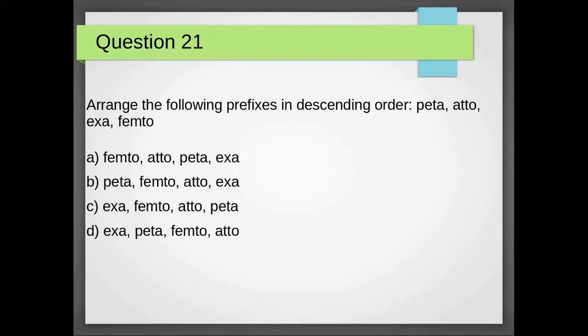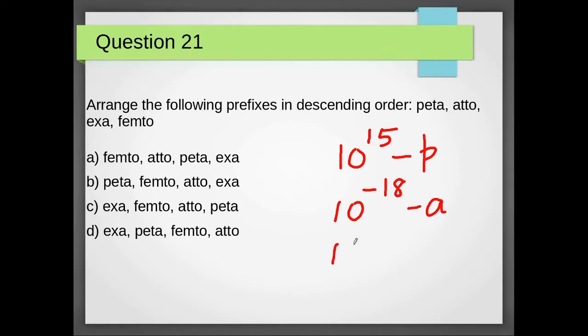So peta is the prefix that's used for the power 10 to the power of 15. Atto is 10 to the power of minus 18.